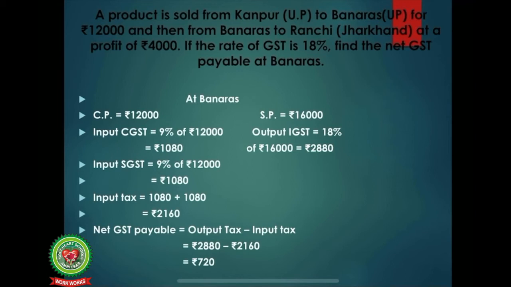Now the net GST payable by a dealer at Banaras will be equal to output tax minus input tax, which is equal to rupees 2,880 minus 2,160, which comes out to be rupees 720. Now students, let us discuss the next example.